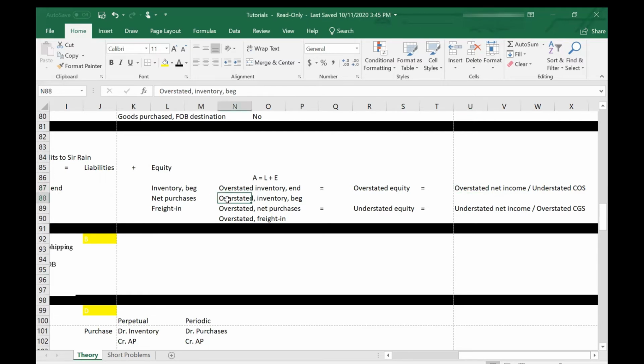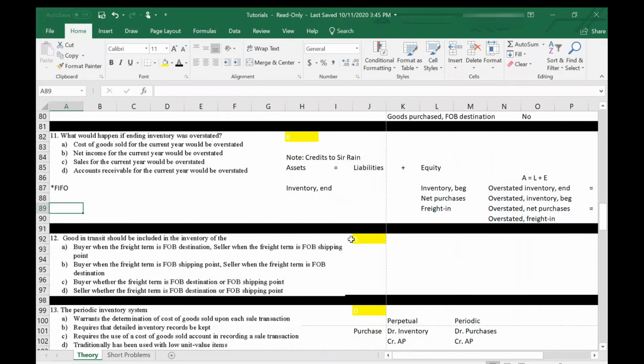And for overstatements of your beginning inventory, net purchases, and freight in, your CGS will also be overstated, your net income will be understated, your equity will be understated. If you understate these three items, it's the reverse. You'll be understating your CGS, overstating your net income, and overstating your equity.